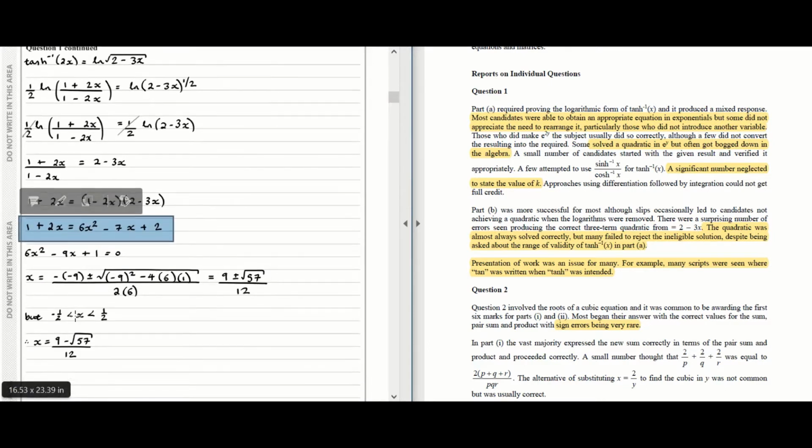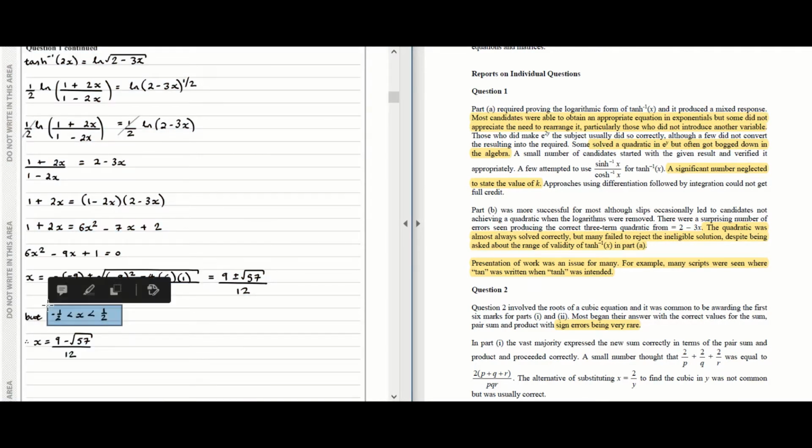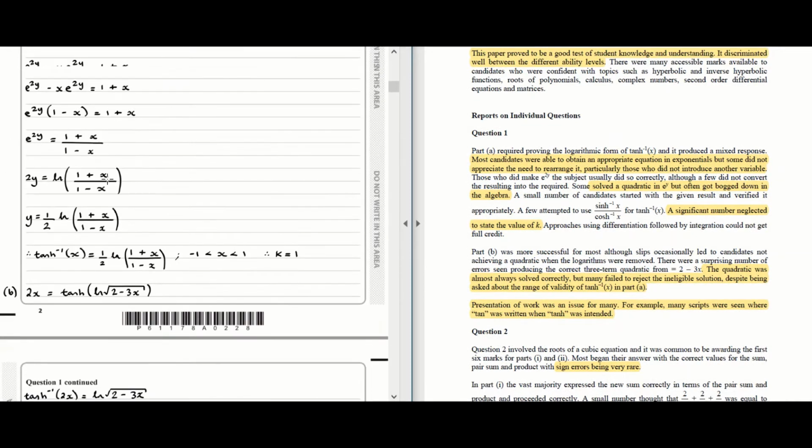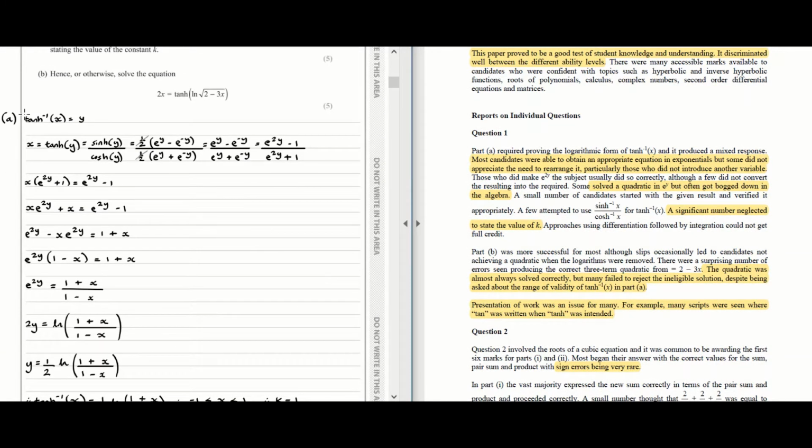And when you solve your quadratic, obviously you'll produce a positive and negative solution, but because of the restriction, you have to neglect some of those values. And one other problem in this question: instead of writing tanh, a lot of people wrote tan instead, even though tanh was intended. So just be a bit careful over there.